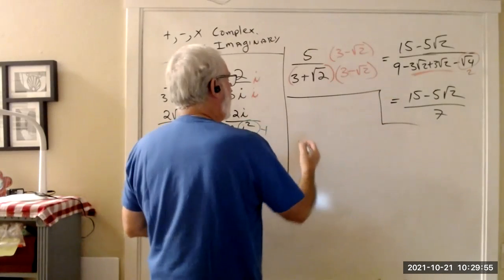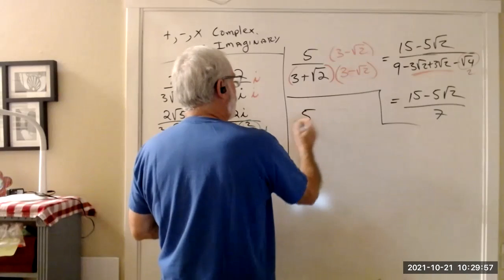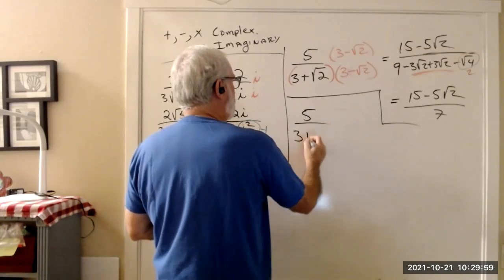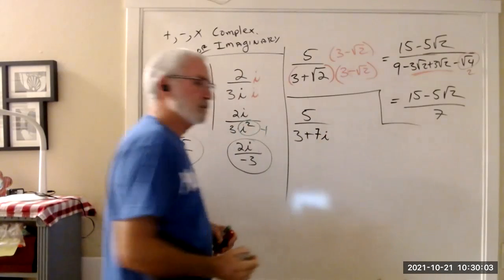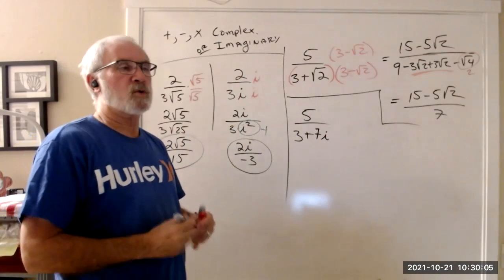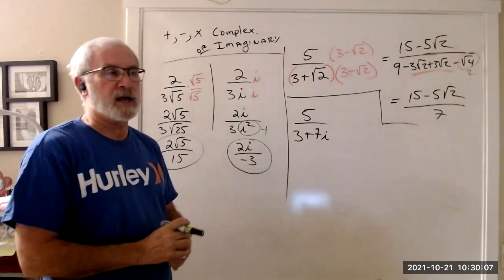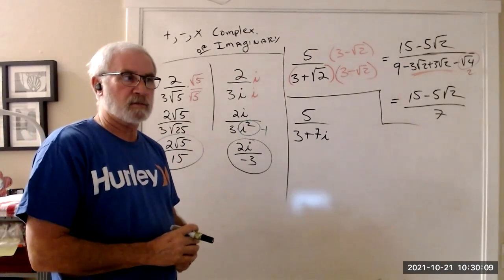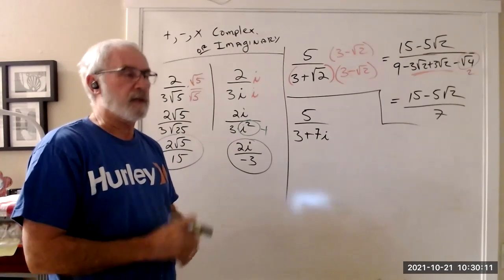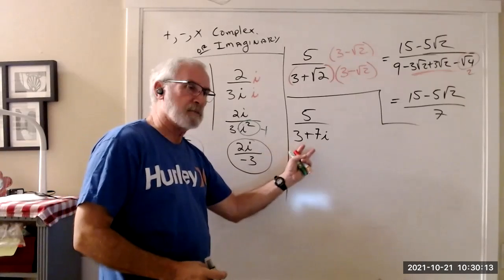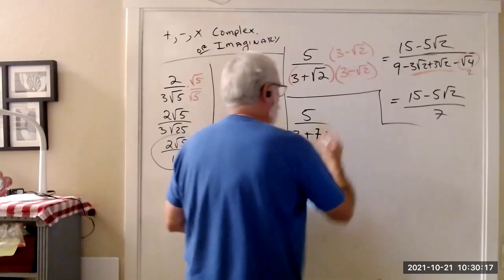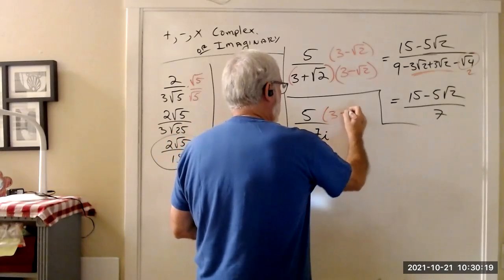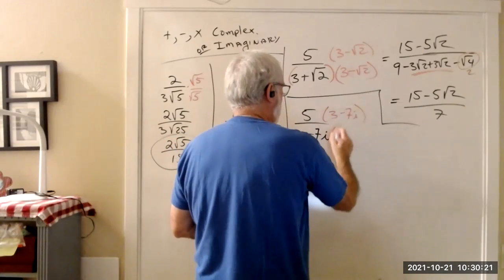What if I had 5 over 3 plus 7i? The rule is you can't have i in the denominator. Okay, but the denominator is a binomial, so we have to use the magic conjugate, 3 minus 7i, on top and bottom.